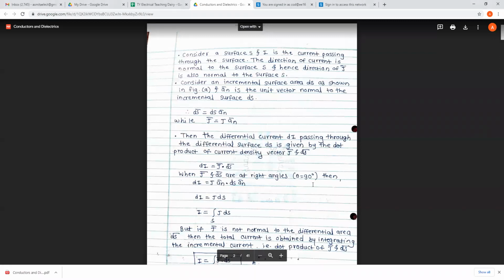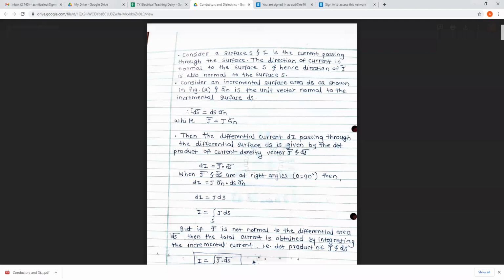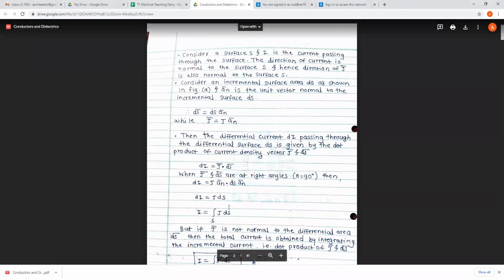Here the equations of the differential surface area and current density are given, and from that we obtain the equation: current I is equal to the surface integral of J bar dot ds bar.